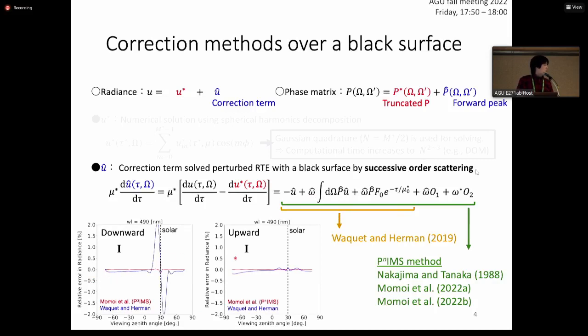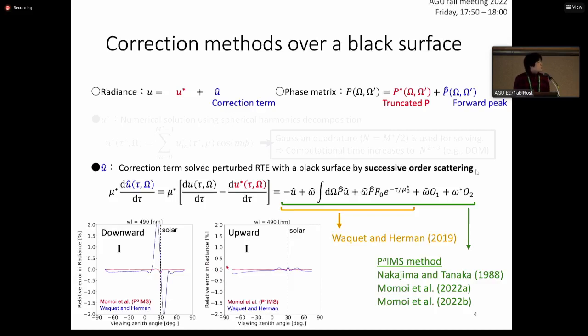And this shows the difference in the radiance for downward and upward. In the vacuum element, this still has errors in the forward peak, forward regions, but using the IMS method, originally from Nakajima and Tanaka, we can reconstruct the radiance field both for downward and upward.